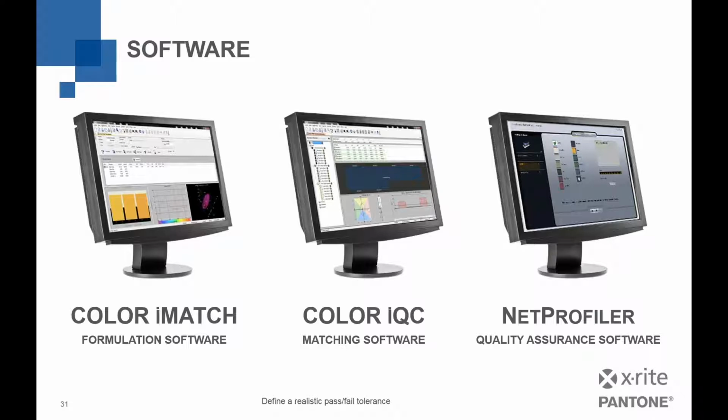So you can measure a standard, let's say, in a production plant maybe in China, that can then be emailed or shared within shared files on the internet to a specifier somewhere in Europe or the US, and they can manipulate that data as if they had measured it directly in their own laboratory. So all of these tools allow us to do digital color tolerancing and color communication, but also help us improve that.